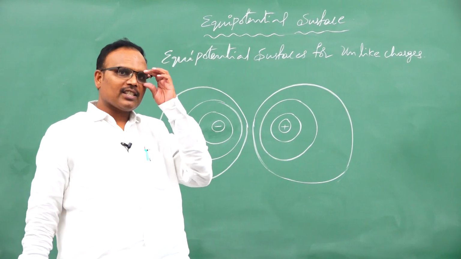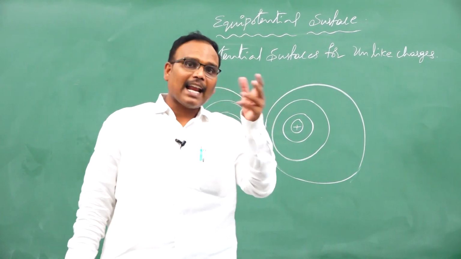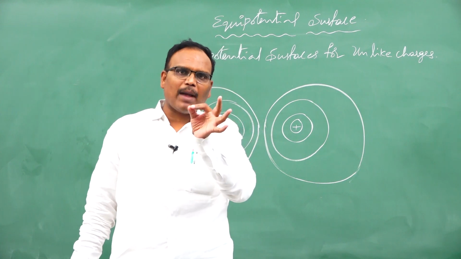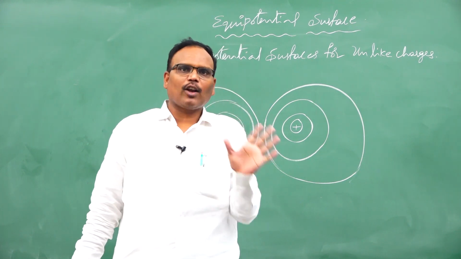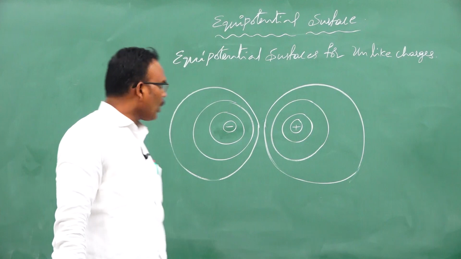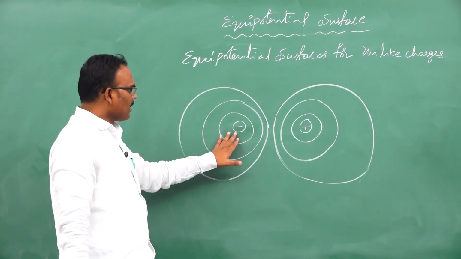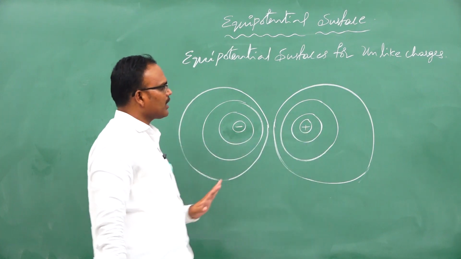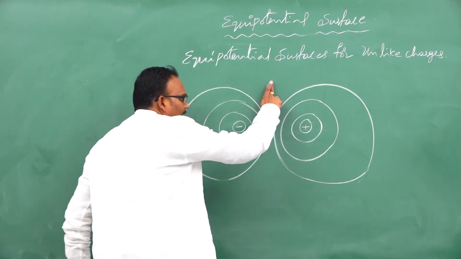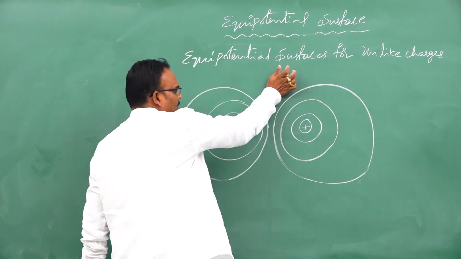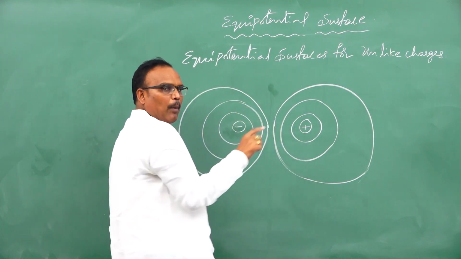Now equipotential surfaces for unlike charges. If the unlike charges have the same magnitude, then we can even call it a dipole. Here, equipotential surfaces for unlike charges. One is a negative charge and the other is a positive charge. Here I haven't represented any equipotential surface because unlike charges form a null point.